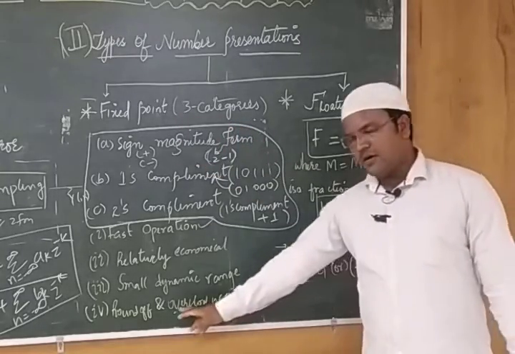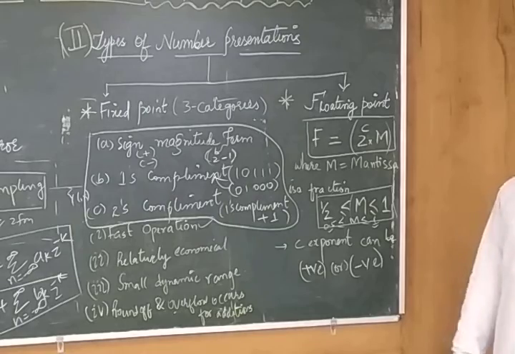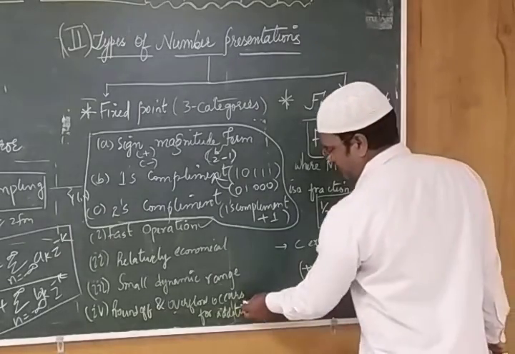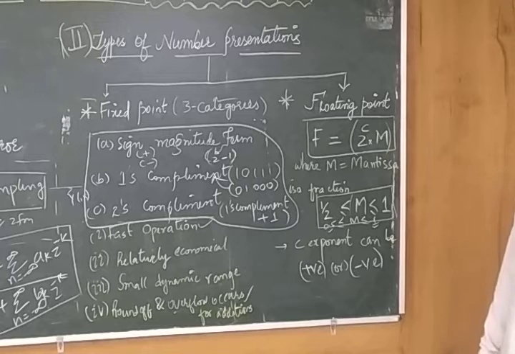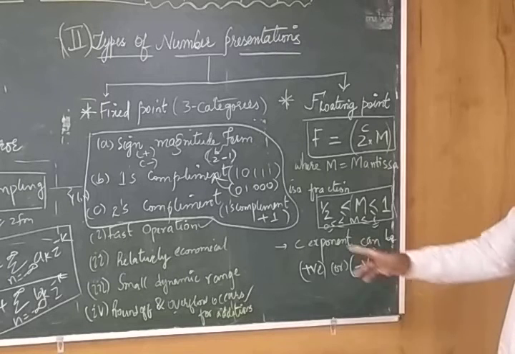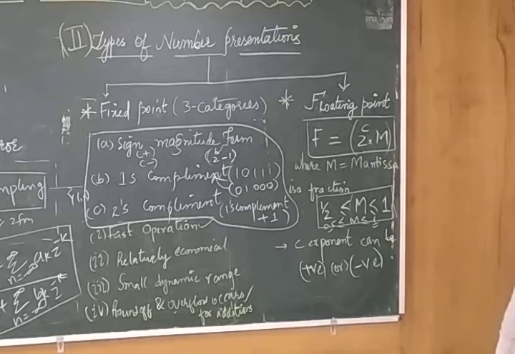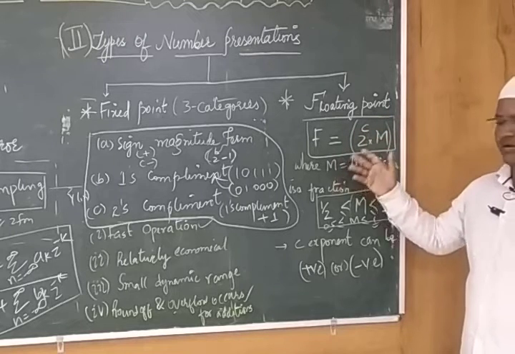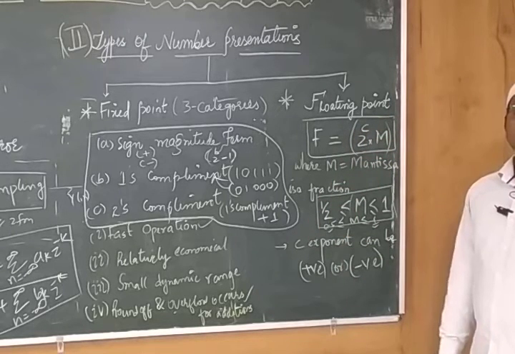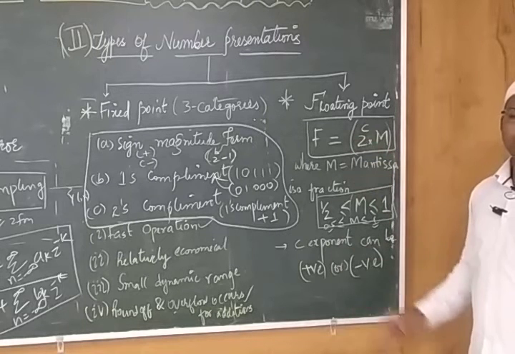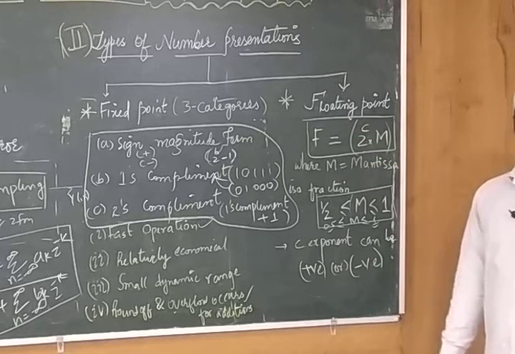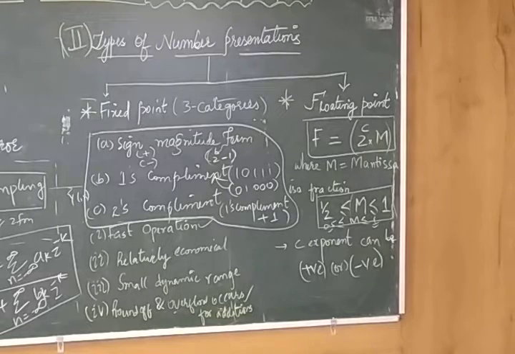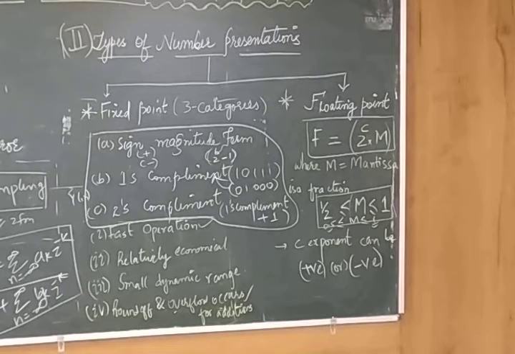Then round-off errors and overflow occur when you go for addition of bits. When you add two bits, at that time you get round-off errors and overflow. These two occur in fixed point when you go for addition. In floating point we can go for multiplication or any other operation, and round-offs and overflow will not occur because directly we are finding the values. Because of all these parameters, the comparison of fixed point and floating point has been obtained.